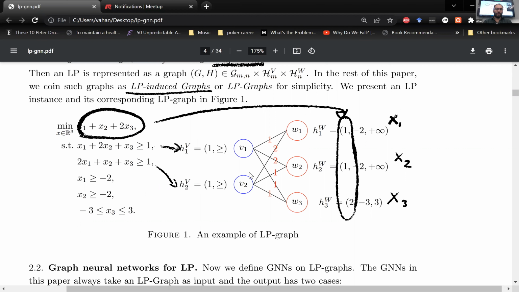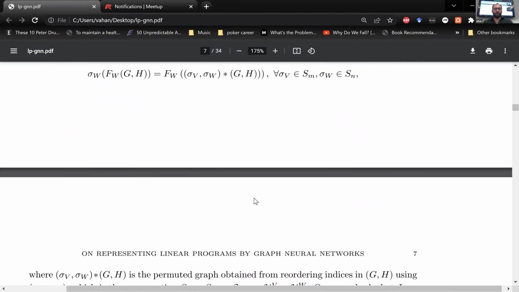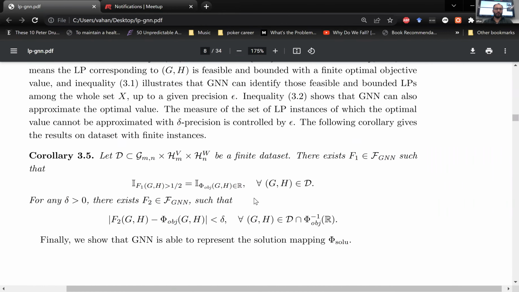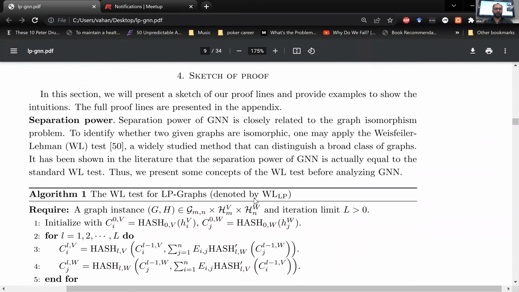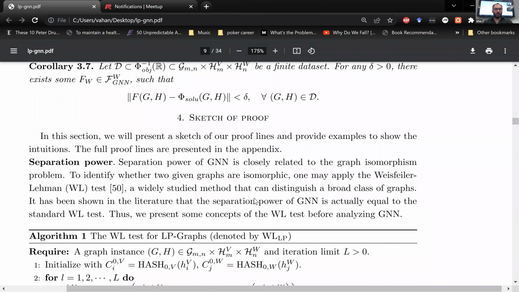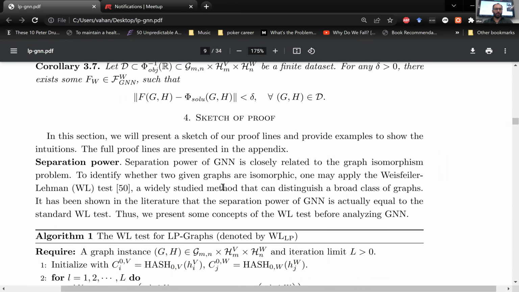And that's important because, again, keeping that in mind, let's go back and look at the isomorphism test. Okay, here they talk about the separation power, the Weisfeiler-Lehman test.